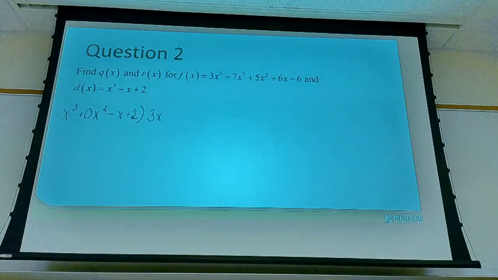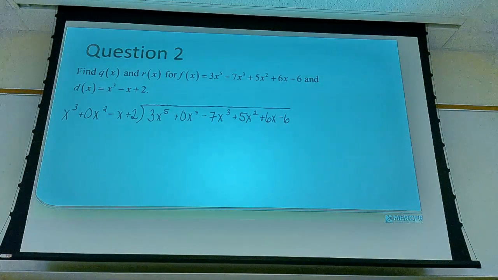Dividend, leading term of the dividend. Well, that's the degree. 3x to the fifth is the leading term.